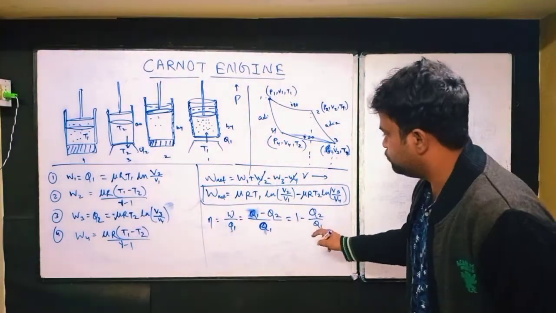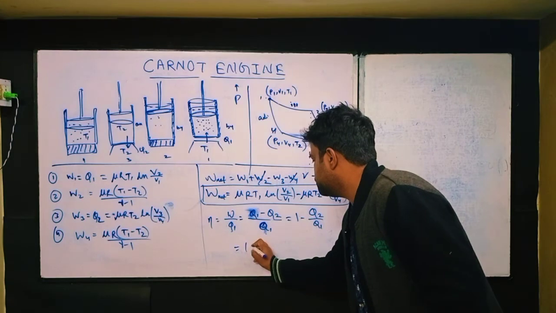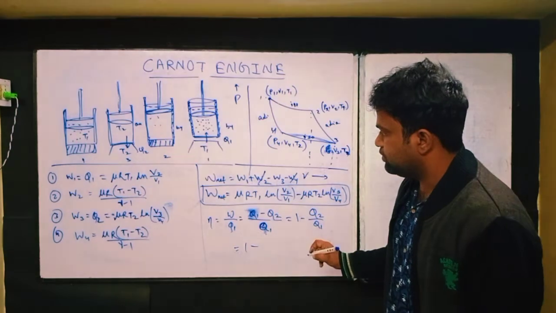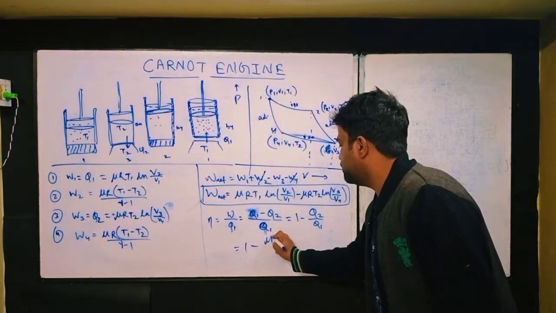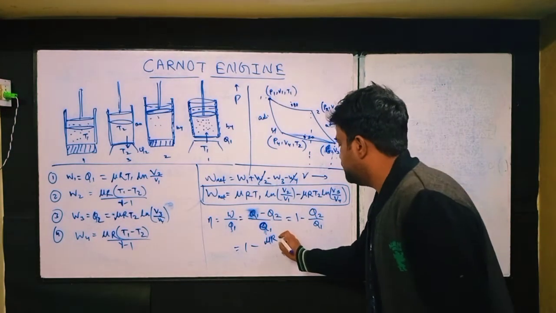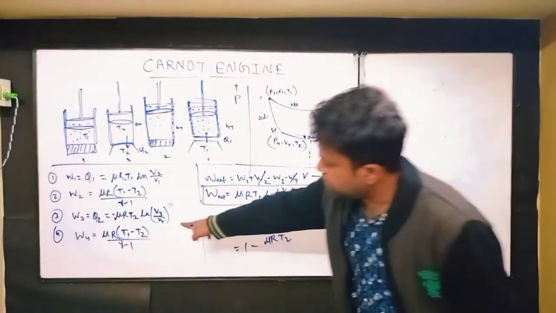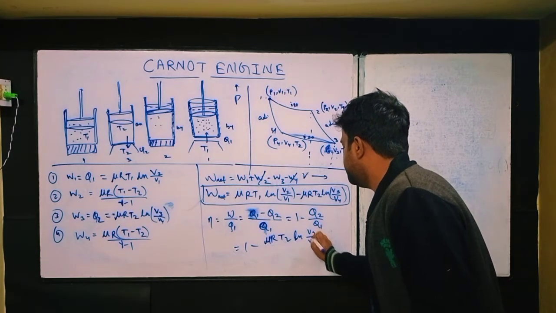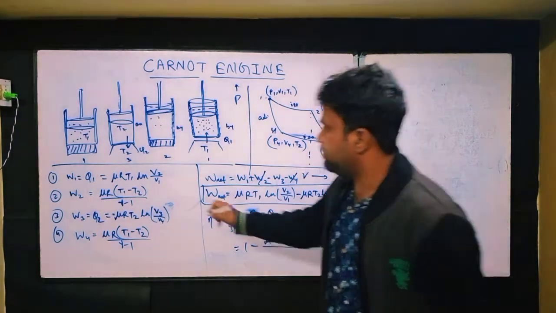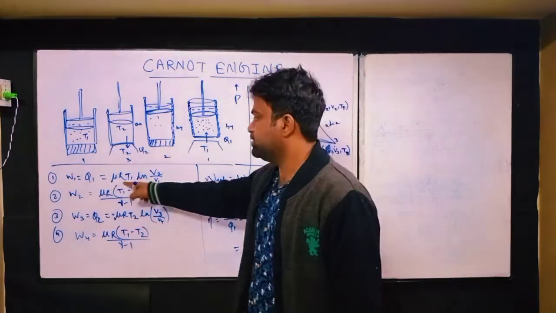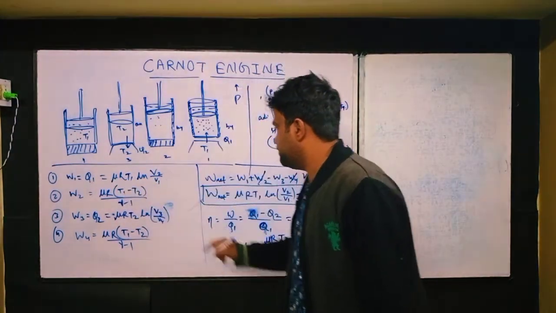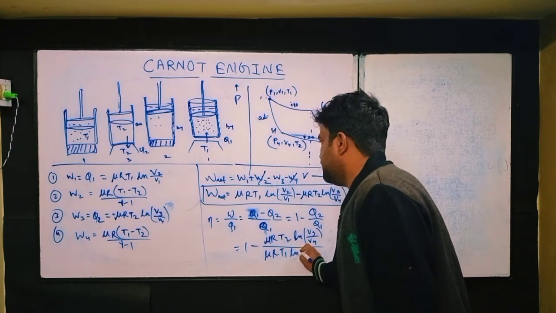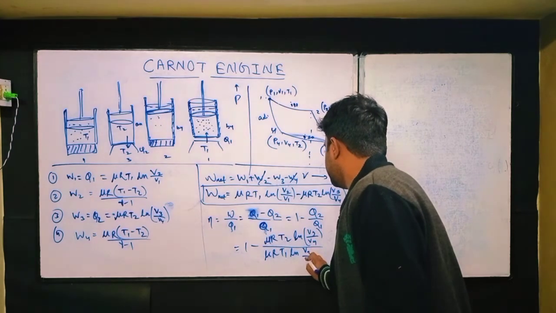So this is 1 minus Q2, which is mu r T2 ln V3 by V4, divided by Q1, which is mu r T1 ln V2 by V1.